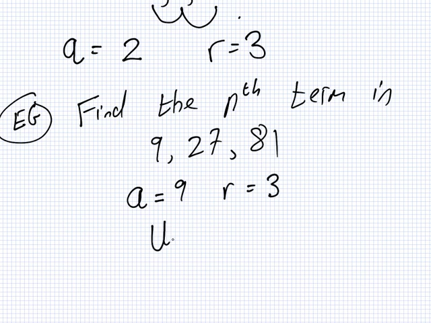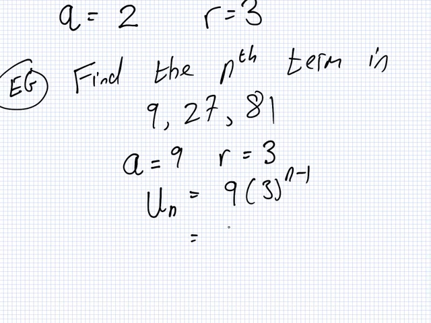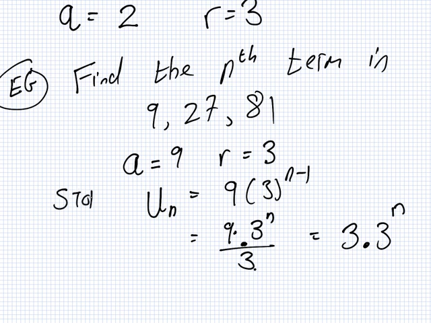So U_n for the nth term is a r to the n minus 1. Now I can actually clean this up a little bit if I wanted to. So I could change this into 9 times 3 to the n over 3. And I know we haven't done these rules yet, and you don't even have to do this in the exam. In fact, in the exam you could stop here.